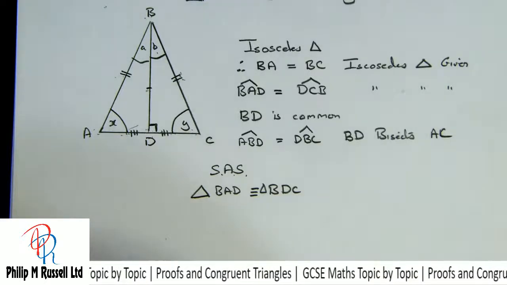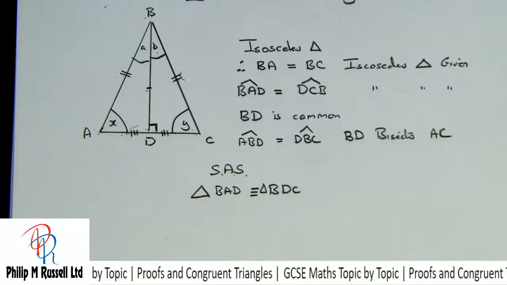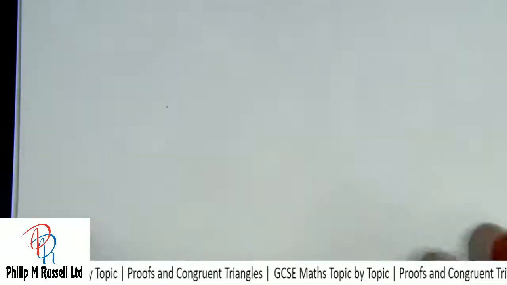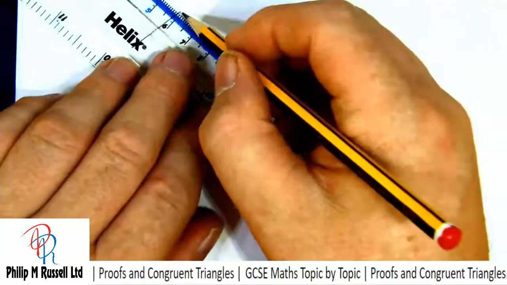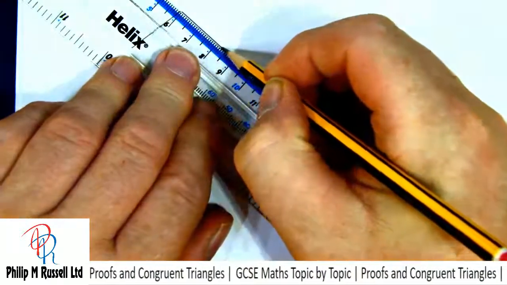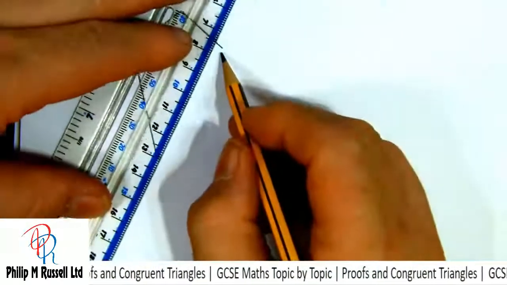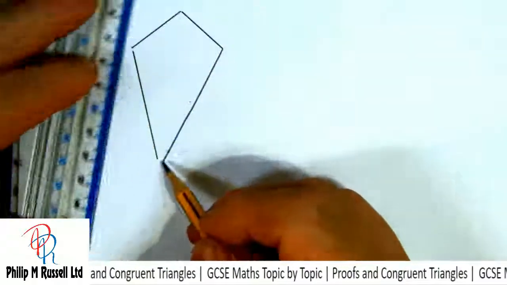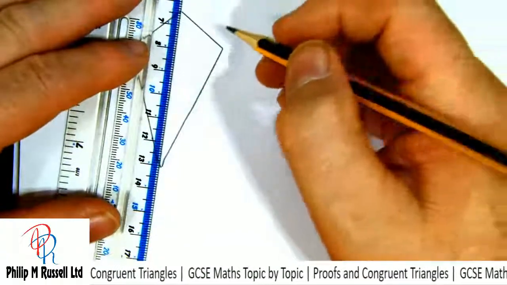Now, let's try a different one. Let's have a kite. And I'm not very good at drawing these things, so we're going to imagine a few bits and pieces.